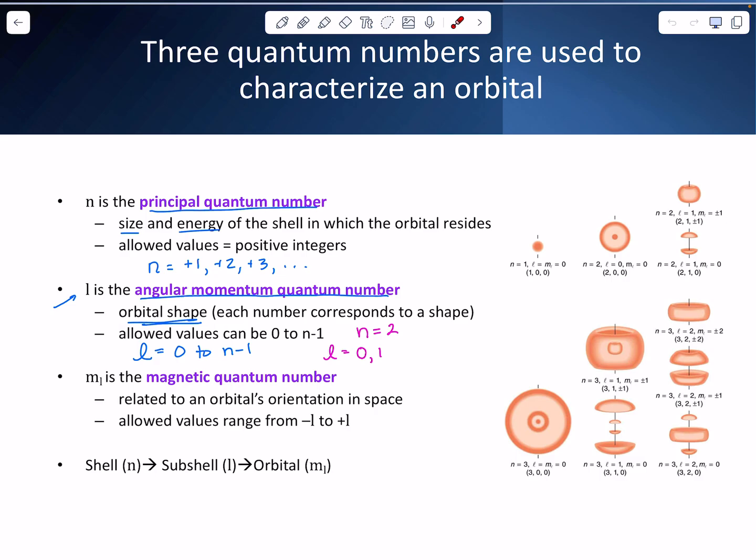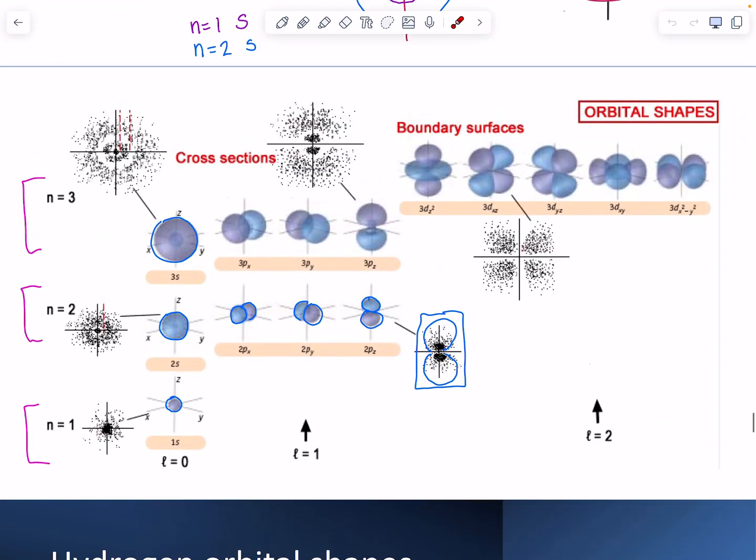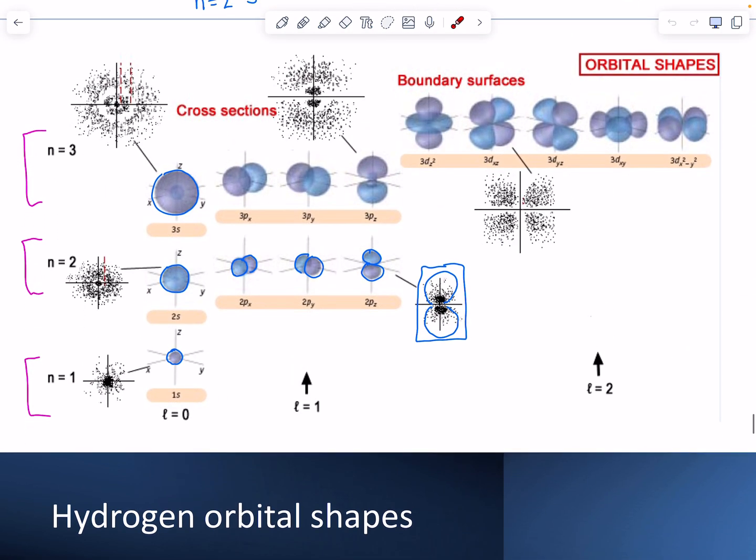So remember that quantum mechanics is essentially a mathematical model, a series of equations, that acknowledges the wave-like properties of electrons, and enables us to have some idea of how electrons are going to be arranged in space around the nucleus.